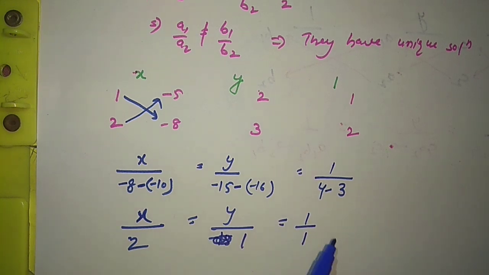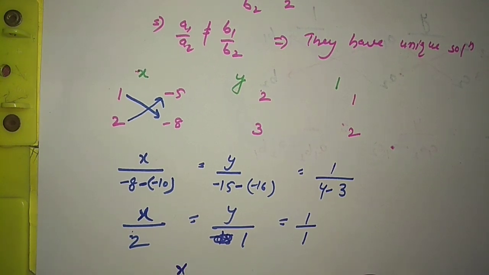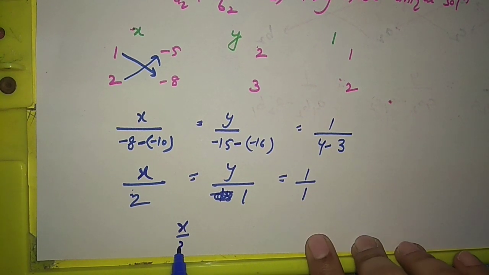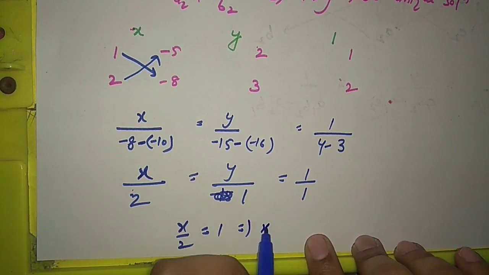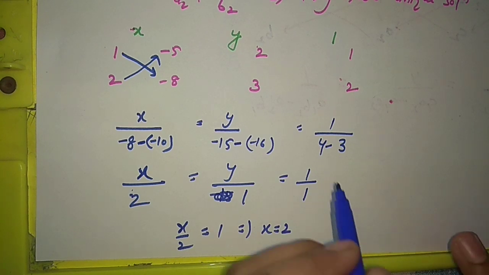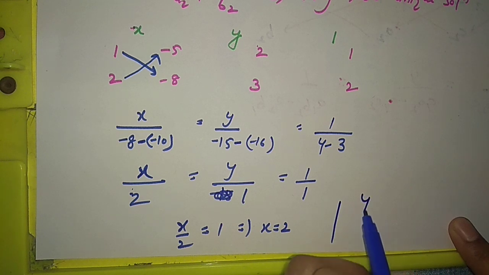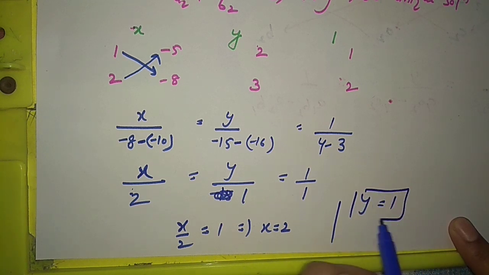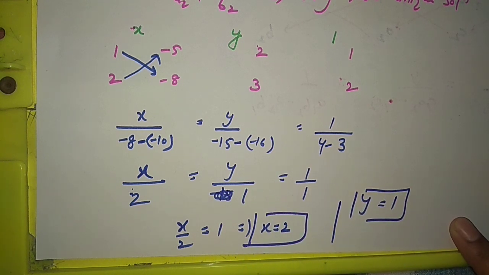So x upon 2 equal to 1. Equate first and last term. So we have x upon 2 is equals to 1, which implies x is equals to 2, and y is equals to 1, that implies y is equals to 1. So here we have our required solution.